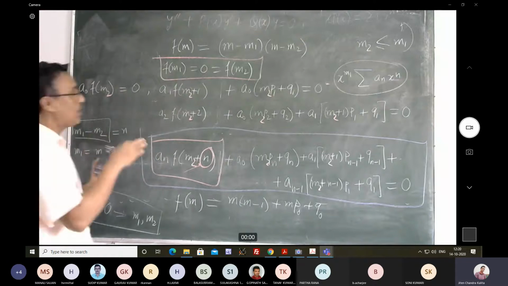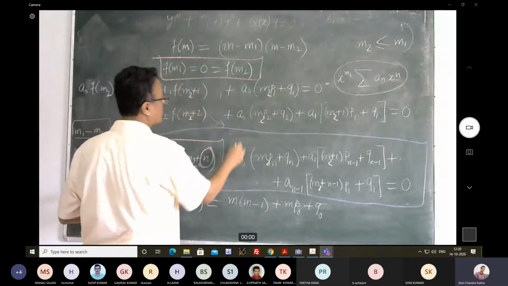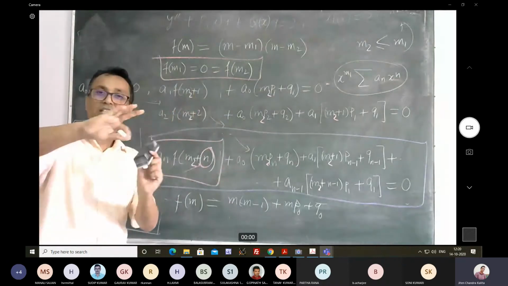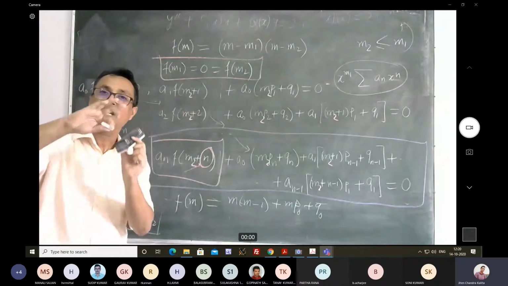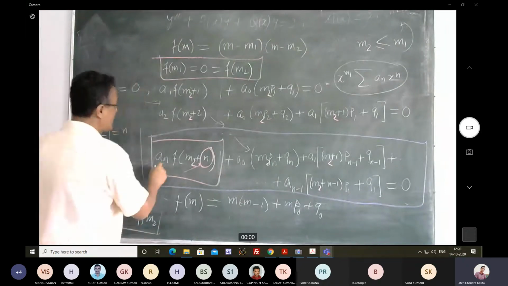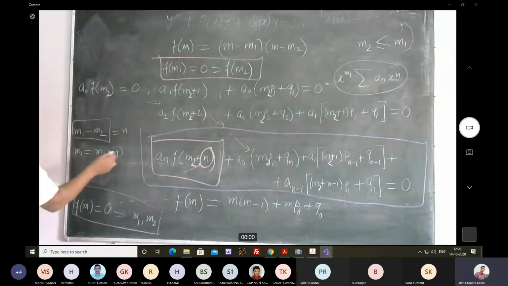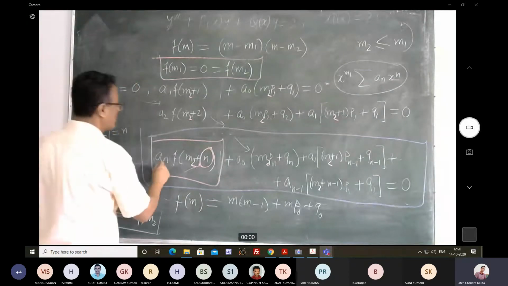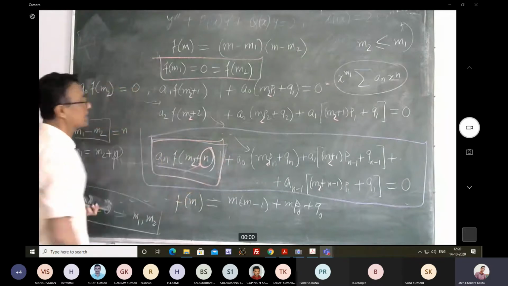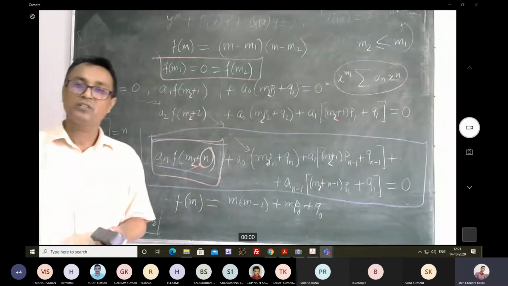Now, following this procedure, if you find the successive coefficients a0, a1, a2, a3, etc., eventually at one step, for the positive integer n, you are going to encounter this term. Are you getting my point?